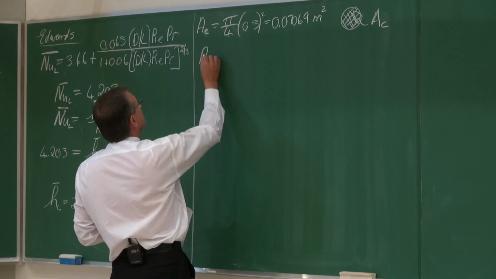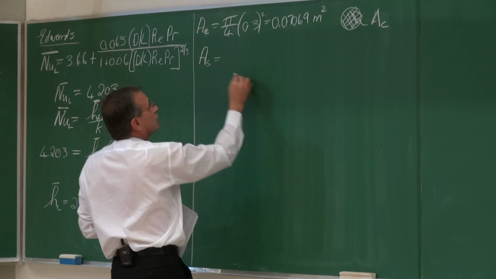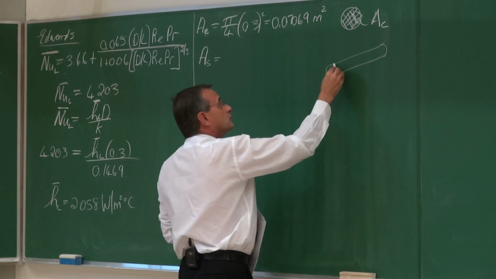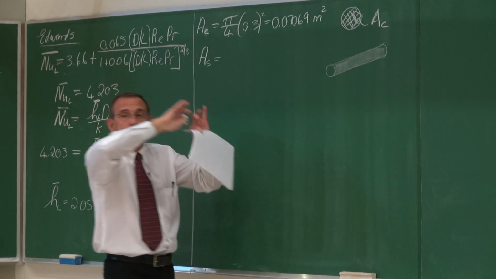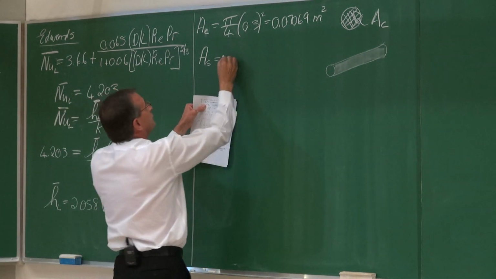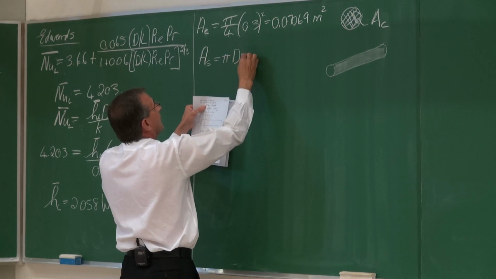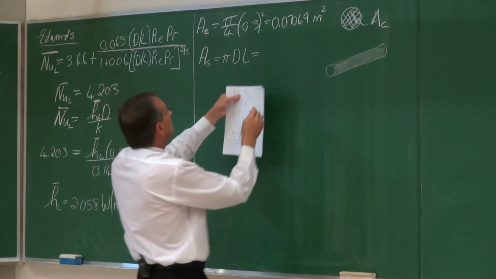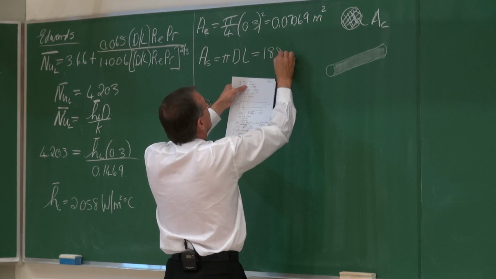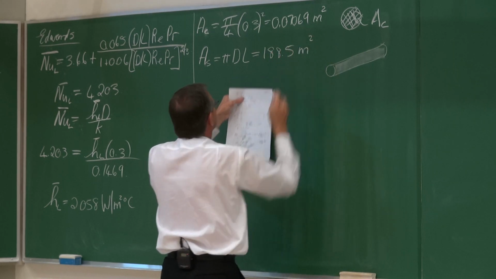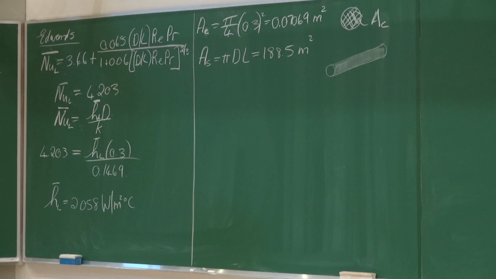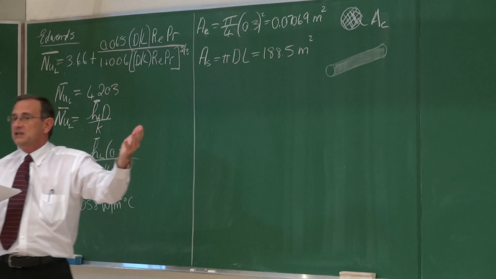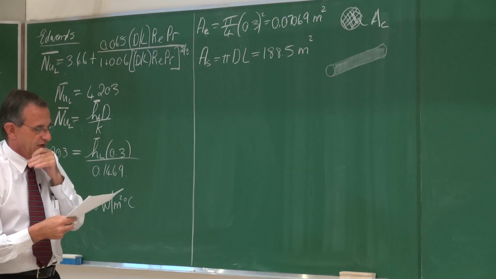Now the surface area. The surface area is the area over which the heat transfer is going to occur. So if that is the tube like that, then it would be this outside surface area on the perimeter right around it. So that surface area is equal to pi multiplied by the diameter multiplied by the length. And that would then be equal to 188.5 square meters. You all know how to calculate that. Pi multiplied by the diameter, which is 0.3, the length is 200 meters, and there is the heat transfer area.